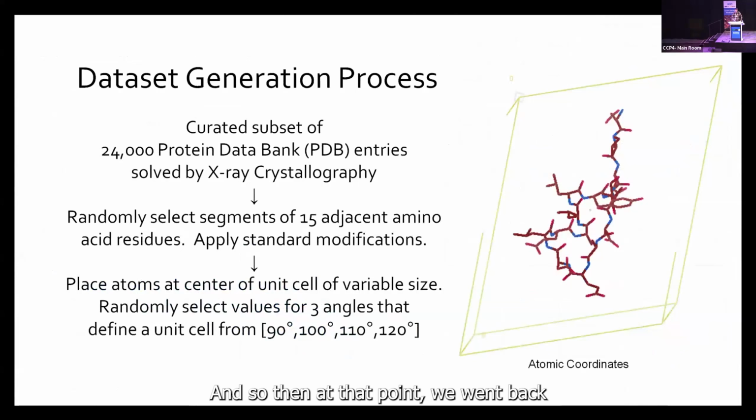At that point, we went back and added more variability to our cells, adding not just fixed 90-degree angles in P1, but additional variation in the angles of the unit cells.